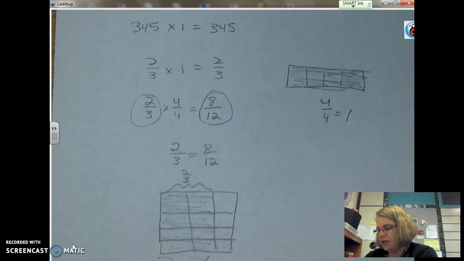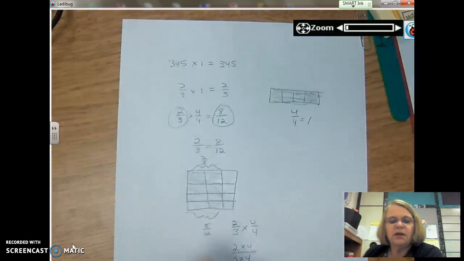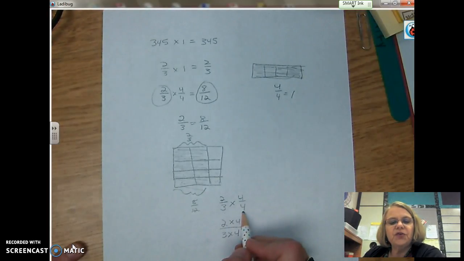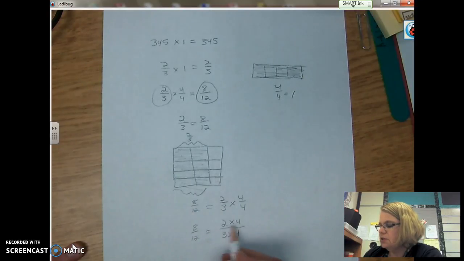Sometimes they're writing it like this. So we have 2/3 times 4/4 equals 8/12. Or we can say 8/12 is equal to 2/3 times 4/4.